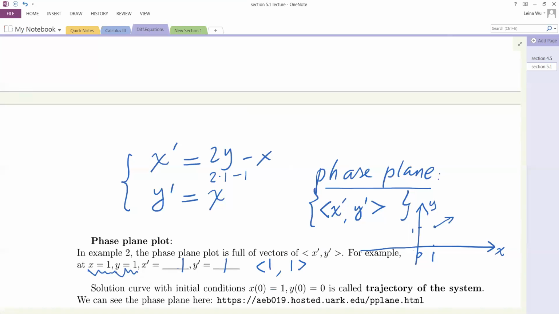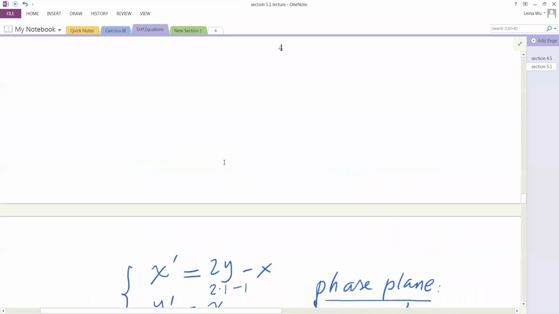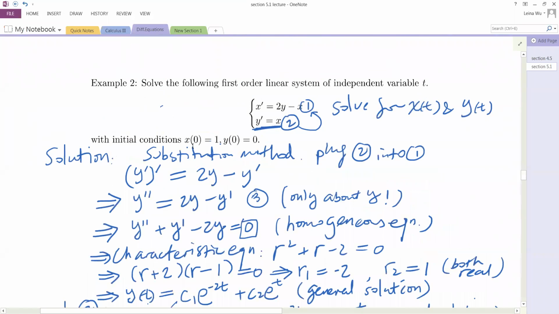Let's generate the phase plane. This is going to be the phase plane. We did one example: when x equals 1, y equals 1, the vector should be pointing 1, 1, right? You recall? This phase plane just shows different vectors at different points. Now, for our particular solution to this initial value problem, we should indicate our initial condition.